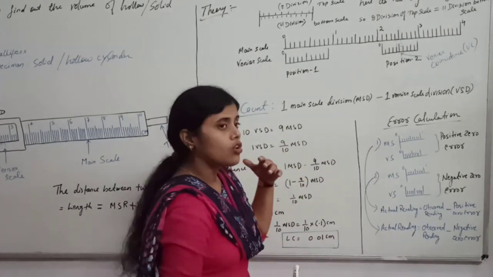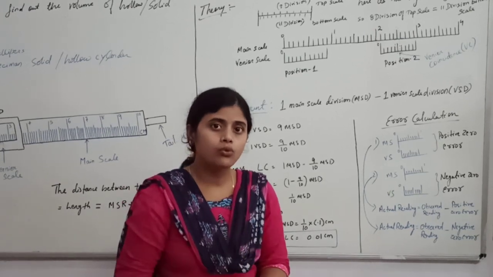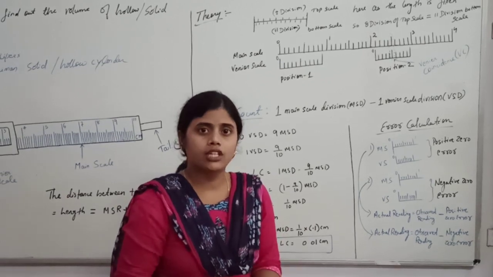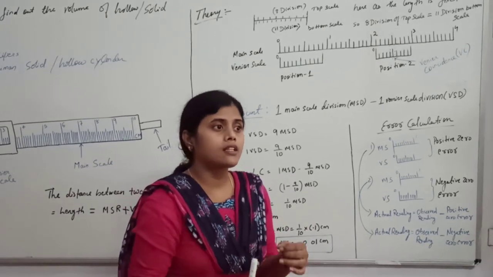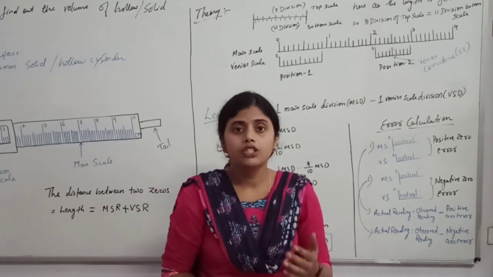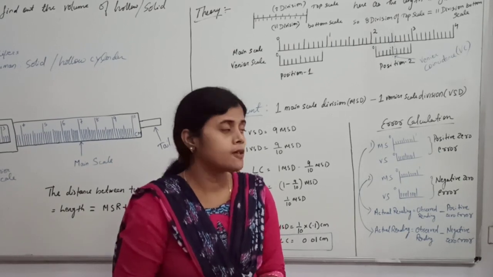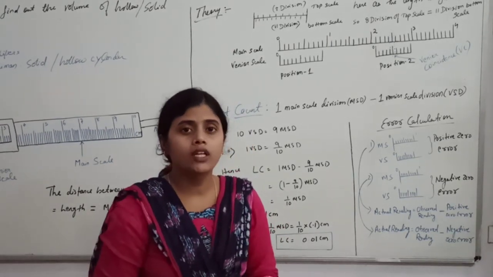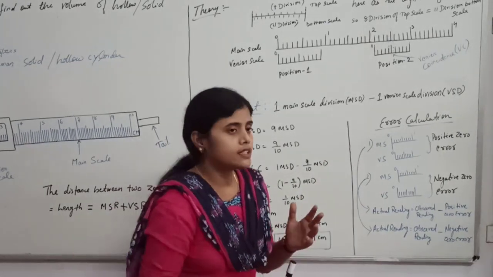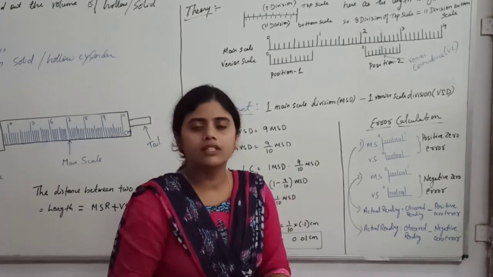Because it is not always necessary that the instrument which is given to you is error free. You might see some manufacturing defect in the instrument and it contains some kind of error. So as our purpose is to find the accurate measurement of a given object, it is very important to take this error into consideration, because this will avoid the unnecessary mistakes and the inaccuracy in the measurement.